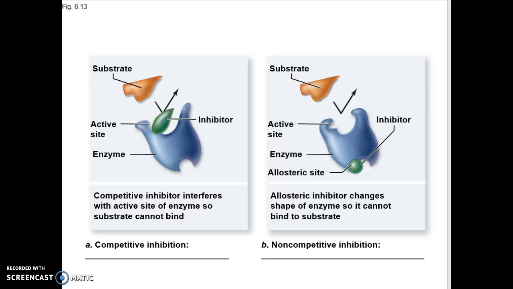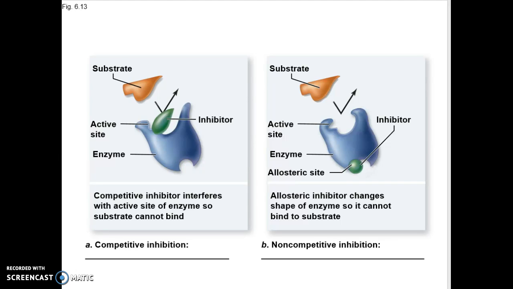Non-competitive inhibition is when an inhibitor fits into what's known as the allosteric site of the enzyme and causes the enzyme to change shape. When the enzyme changes shape, you change its function, so the substrate can't bind, because of a shape change in the enzyme versus, in competitive inhibition, a physical blocking of the substrate.